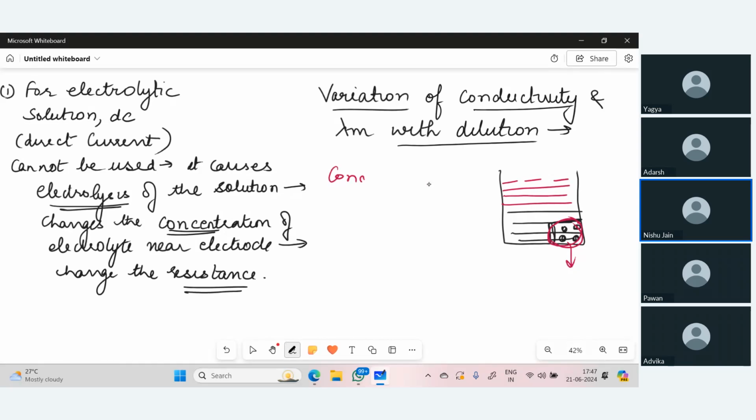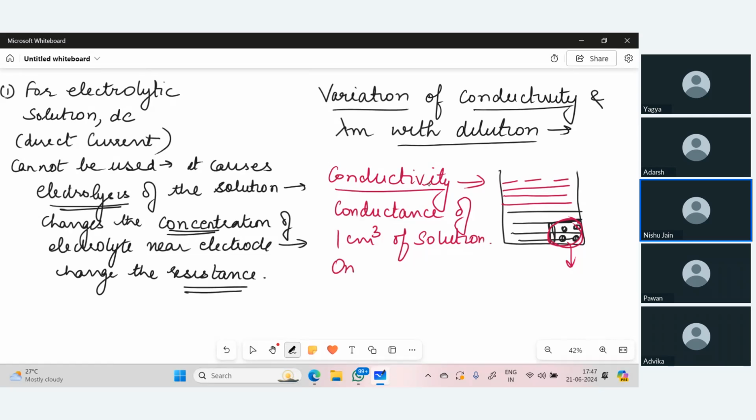First you write conductivity. I will tell you how to frame the answer. First you write the definition. Conductivity is the conductance of 1 centimeter cube of solution.